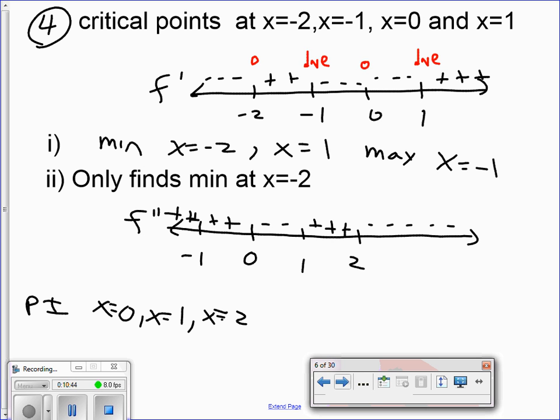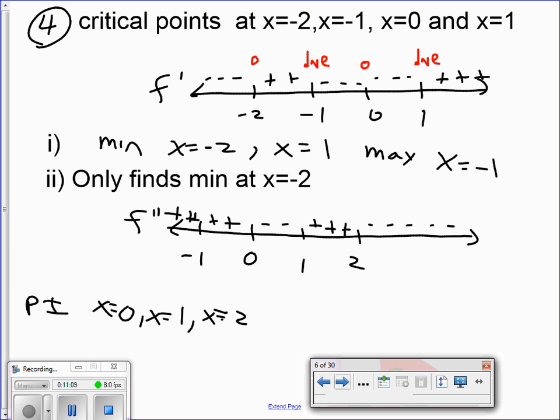Because where a derivative is 0 or doesn't exist, those are the critical points. And if you made your first derivative sign chart, you could answer the question, where are the extrema? Well, at -2 you've got a min, because it changes from negative to positive. At 1, there's a max, because the derivative changes from positive to negative.